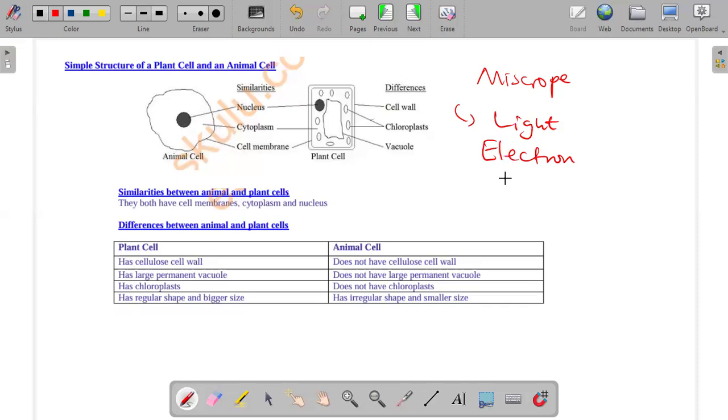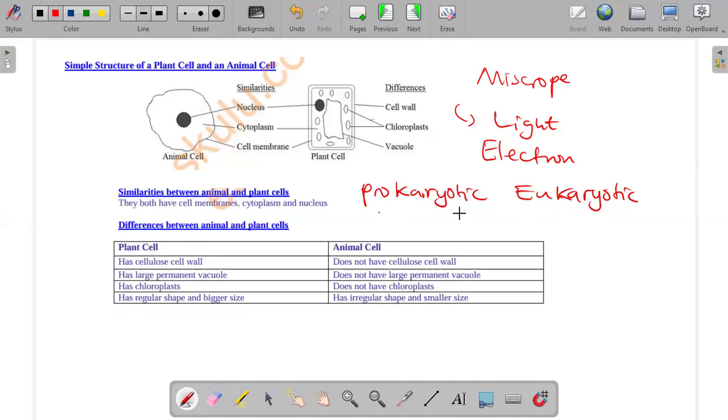Now, on a broader view, when we're talking of cells, they are what we call prokaryotic and eukaryotic cells.